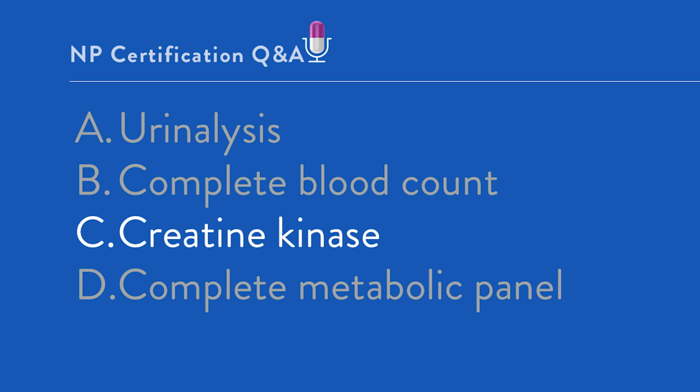So if you encounter an older male who has recently been put on a first-generation antipsychotic and he has new onset confusion and temperature, you have to consider neuroleptic malignant syndrome as your leading differential diagnosis. And when you do, the lab that must be performed is the creatine kinase, because that's going to be your index of muscle contraction and breakdown.